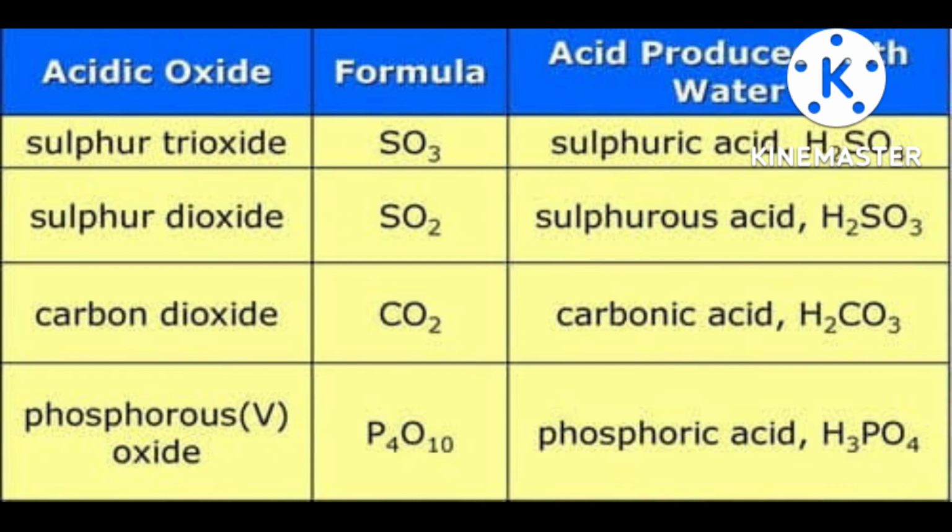Nitrogen also, this carbon, again I am telling you, a few questions are asked in examination that I am going to discuss. Elements on the two extremes of a period easily combine with oxygen to form oxides.